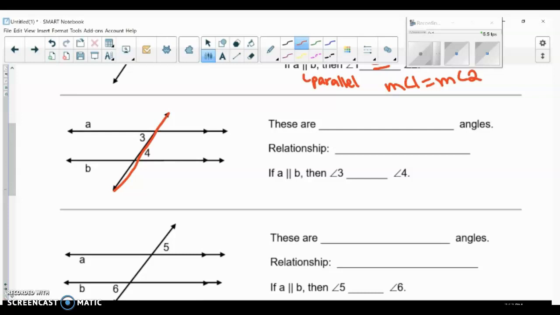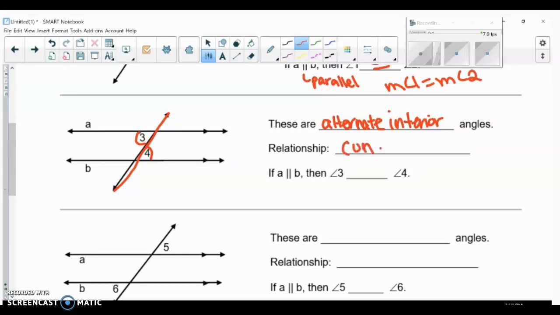Alright, let's take a look at this one. Now, if you remember from the previous page, what kind of angles are these? They are alternate interior angles. You can just abbreviate this to alt-int.